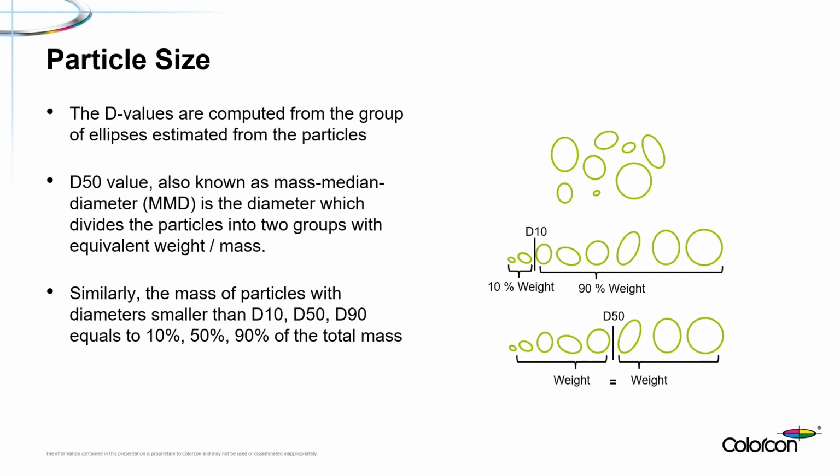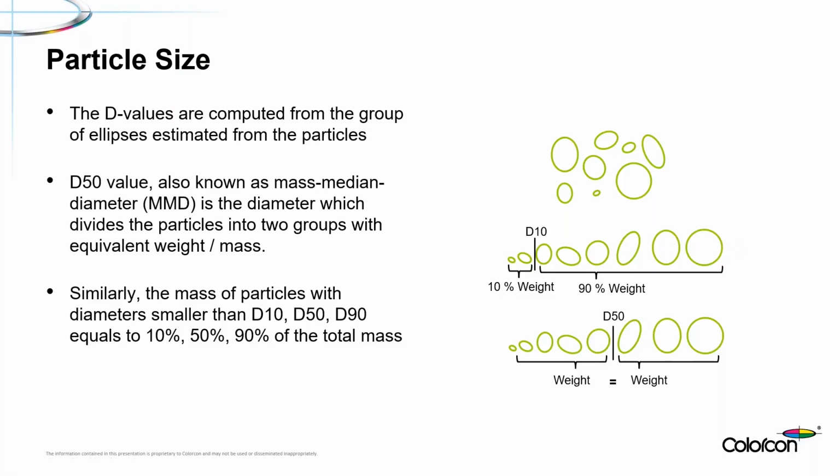So it's the diameter at which half of the population of particles is smaller and half is larger by volume. Similarly, the D10 is just the 10th percentile, the lower end of the distribution, and the D90, not shown here, takes very much the upper end of the distribution.